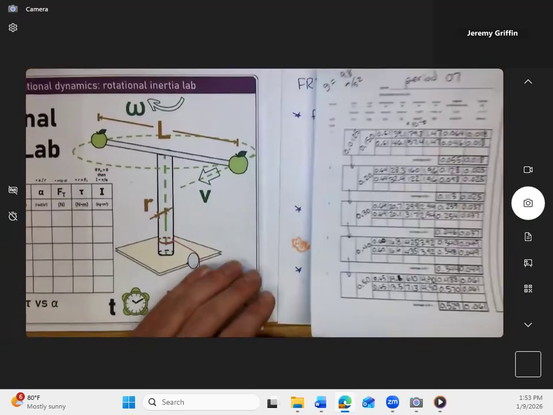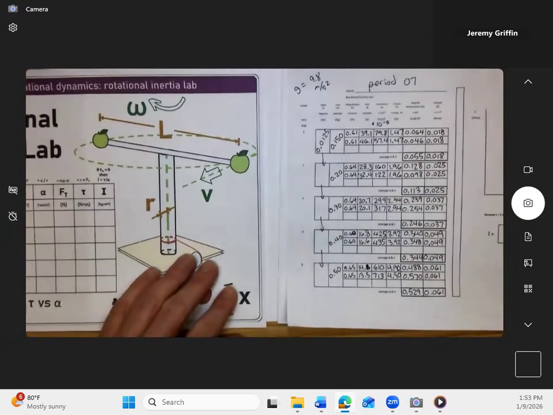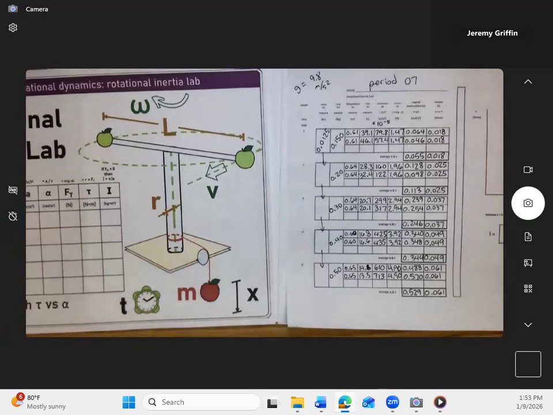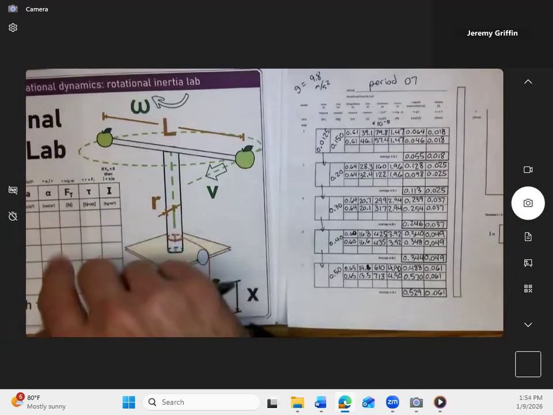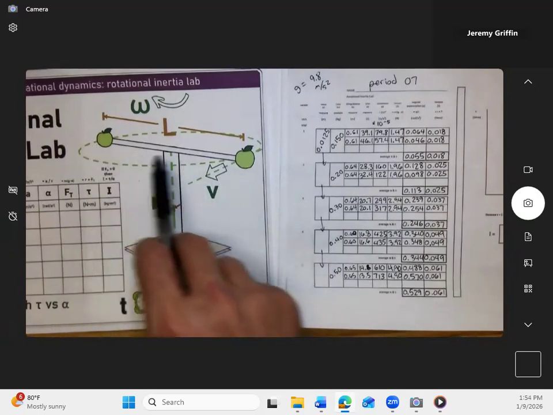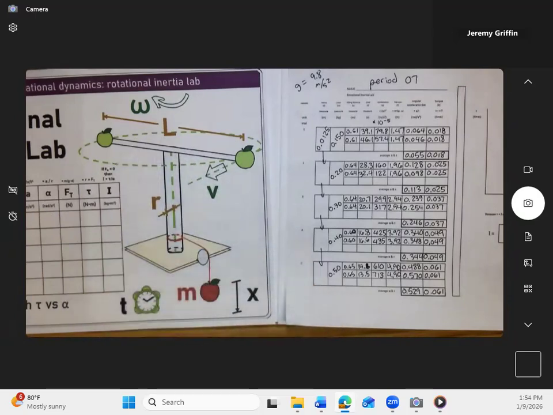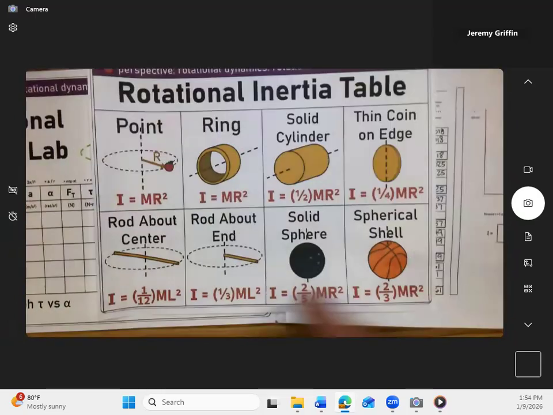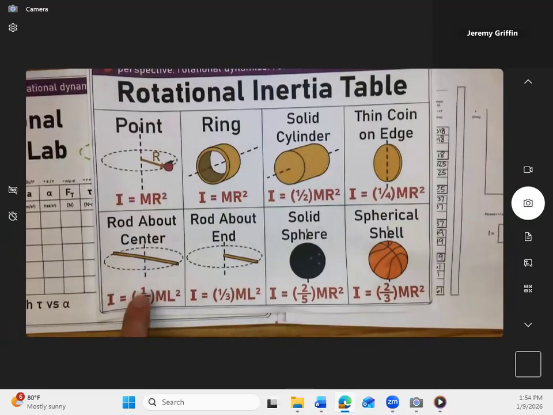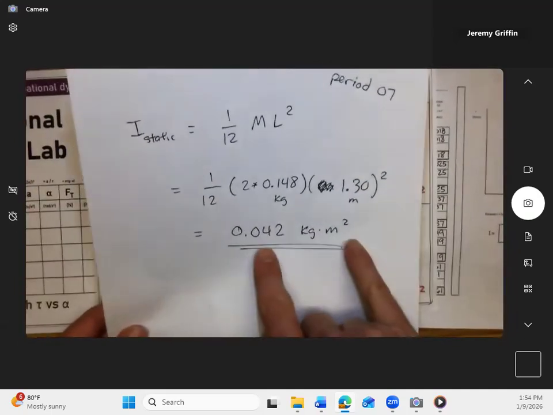Also, right before you started this, we looked at an alternate way to estimate the rotational inertia of the system. You remember saying this top bar right here is probably providing most of the inertia, which looks a lot like this one right here. So we grabbed the mass and the length, did 1/12 ML squared, and came up with this number.